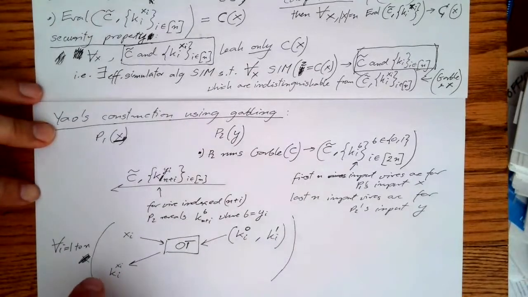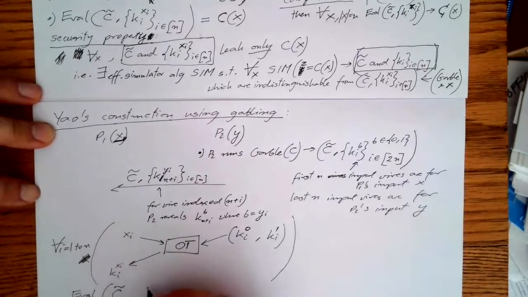So at this point, P1 is going to run the garbled circuit evaluation using the garbled circuit and the set of keys, basically the union of these sets of keys. So he will use the k_i's that are the output of the OT.